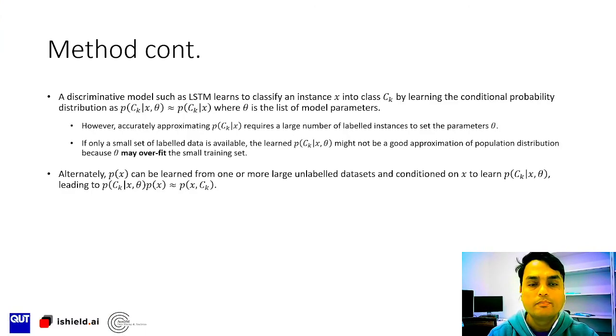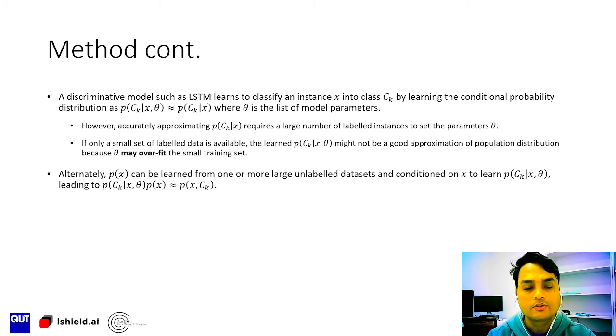A discriminative model such as LSTM learns to classify an instance X into class CK by approximating the conditional probability P of CK given X using a list of parameters theta. However, if the available labeled instances are limited, then the parameter set theta can overfit the labeled instances.